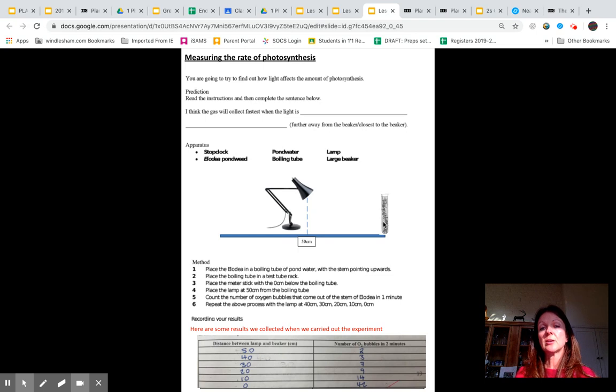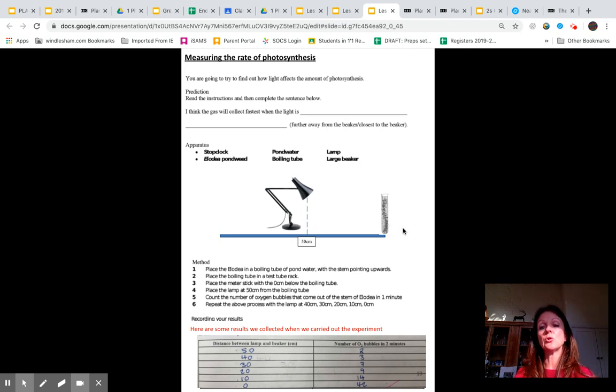You would collect a large boiling tube here and a piece of pondweed that you would cut a fresh end to, and then you would cover all of the pondweed with pond water. So you would turn the light on with the lamp at 50 centimetres, and you would measure how many bubbles. You would literally count the number of bubbles that come off the pondweed within a certain period of time.